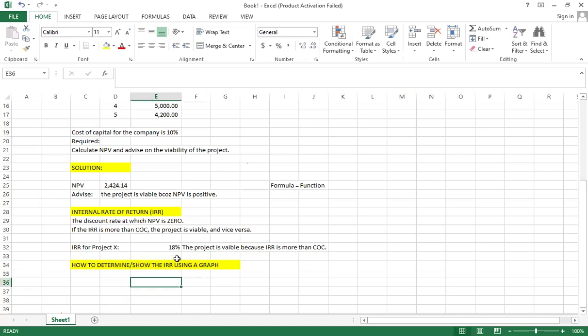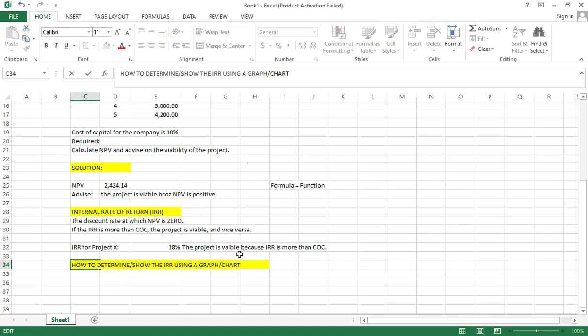We have seen how to compute it using the formula or function. What if alternatively, in Excel, you are required to show the internal rate of return, but then using a chart or a graph? And by the way, always remember that a graph is the same as what? A chart. So a graph is the same as a chart. Always remember that. Now, how do we go about showing the internal rate of return, but then using a graph?